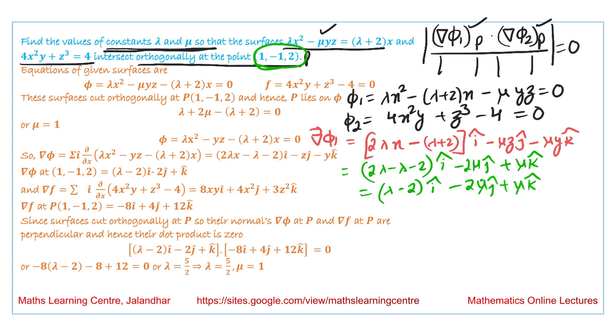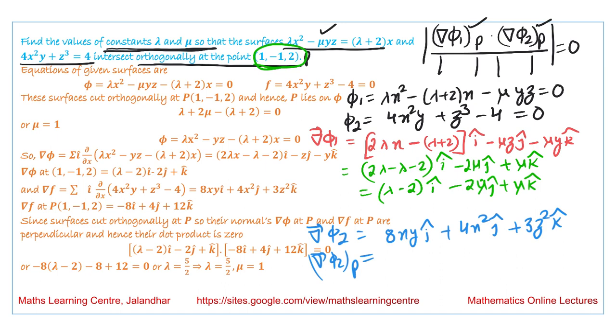Similarly, if we calculate the gradient of phi 2, the answer we obtain is 8xy i cap plus 4x square j cap plus 3z square k cap. If we substitute the values over here, gradient of phi 2 at the point P is equal to minus 8 i cap plus 4 j cap, and last we have 12 k cap.